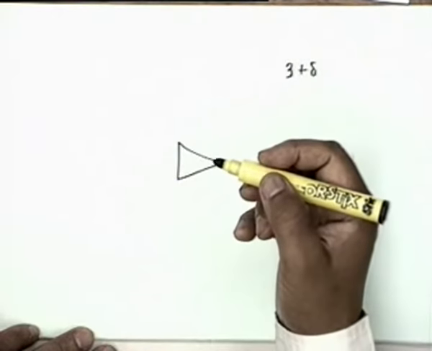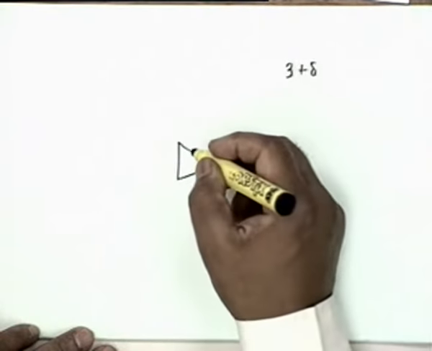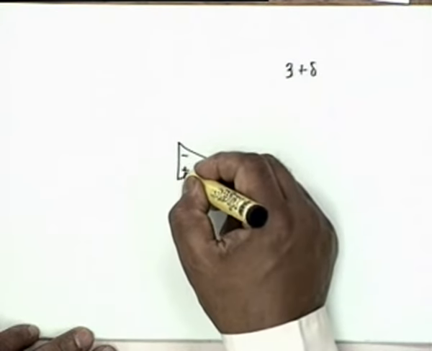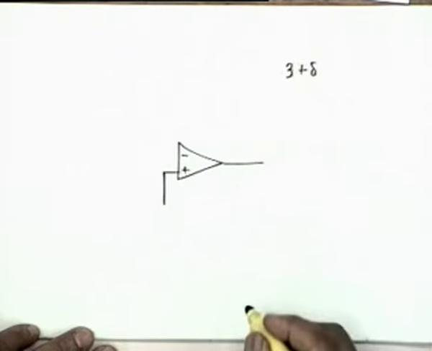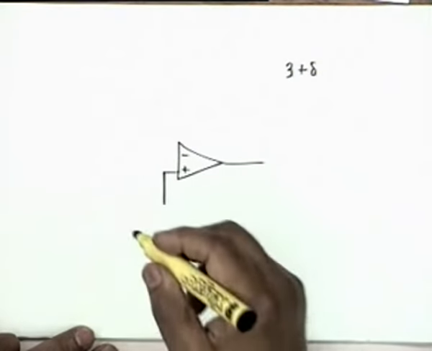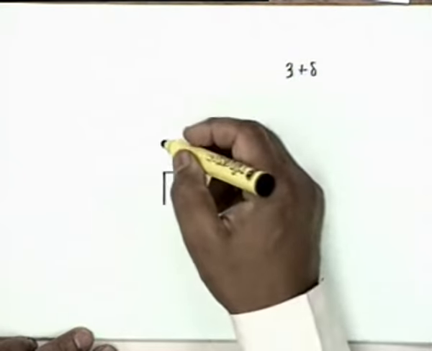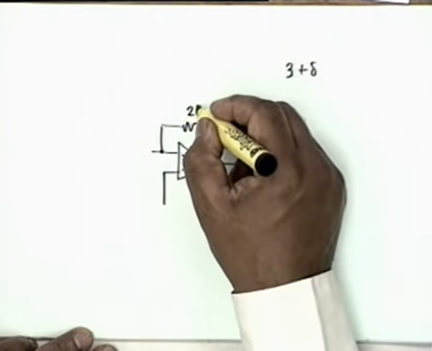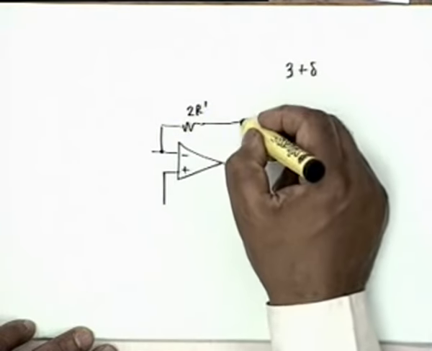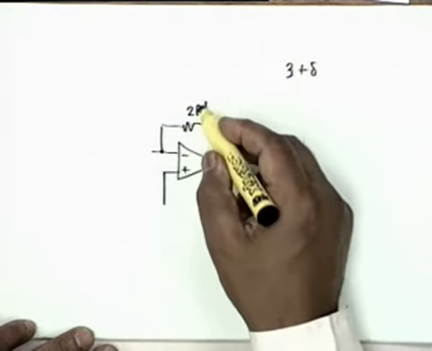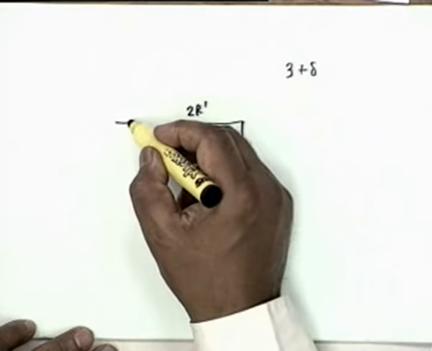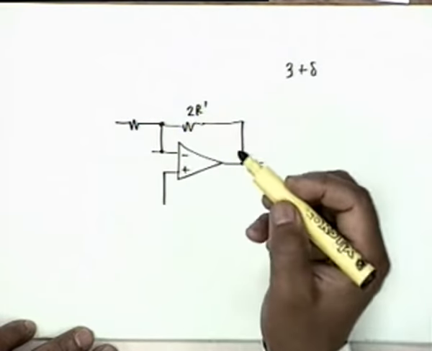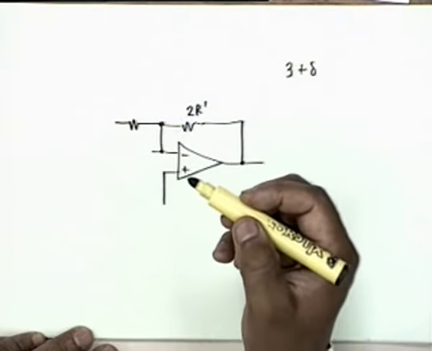I will not draw the RC circuit, I'll draw only the amplifier. What modifications are required in the amplifier? Let's say this is twice R prime, which goes here. This is R1. R2 should be equal to R prime, right?